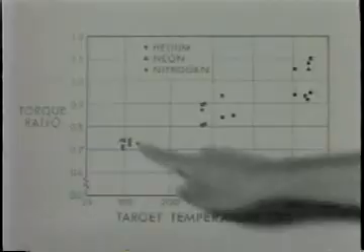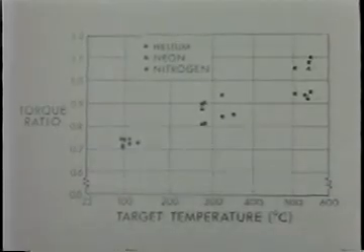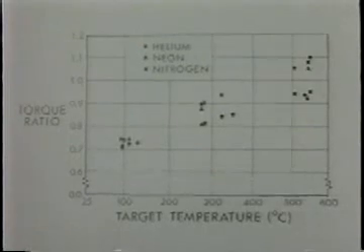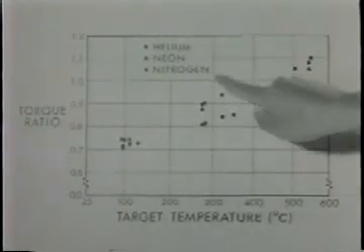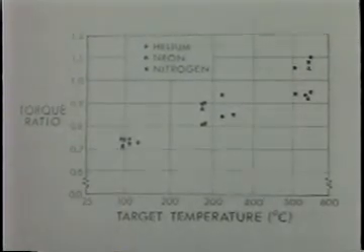representative of that temperature. Here is a collection of results of tests similar to those you have just seen, but with beams of various gases striking the aluminum target. The source pressure has been held constant throughout. Our results for nitrogen lie here.